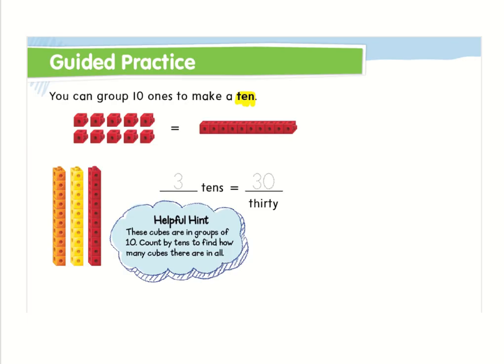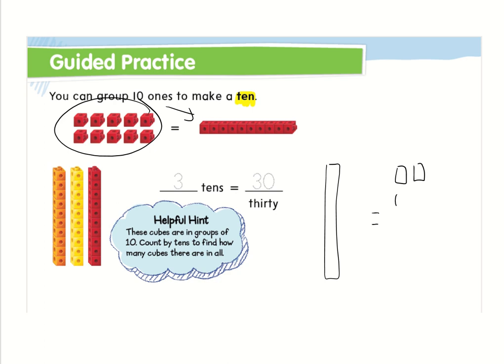Now, you can group 10 ones to make a 10, because when we start working on this, boys and girls, we want to really trade in these guys to make them look like this, because this drawing is a lot easier than drawing out 10 pieces over and over again. It also keeps our information nice and neat, because drawing it like this is going to keep everything in the same place.